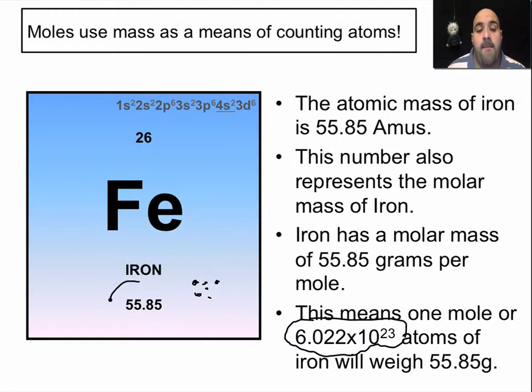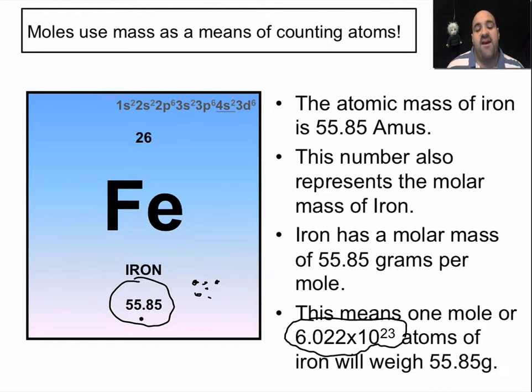So this number on the bottom of the periodic table has a dual purpose. It's not just atomic mass. It is the molar mass, or as sometimes called the formula mass or the formula weight. I'm not too fond of the term molecular mass for reasons I won't get into right now. But 1 mole of anything is this many particles. And this right here is how much 1 mole of iron will weigh. This bottom number on the periodic table is the molar mass.